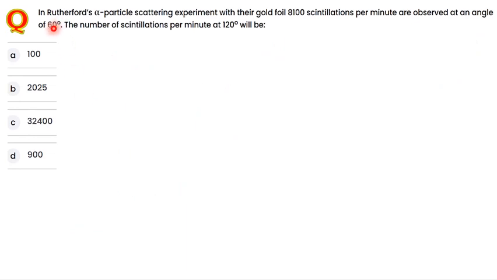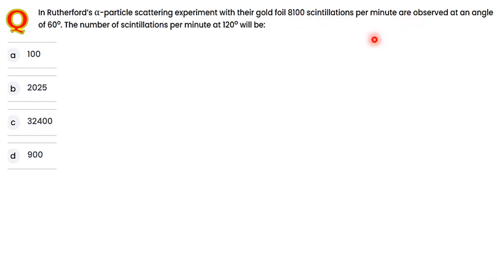The next problem here is in Rutherford alpha scattering experiment with a gold foil of 8,100 scintillations per minute. Scintillation is like a process where it emits a flash of light. Per minute, 8,100 flashes will be produced.